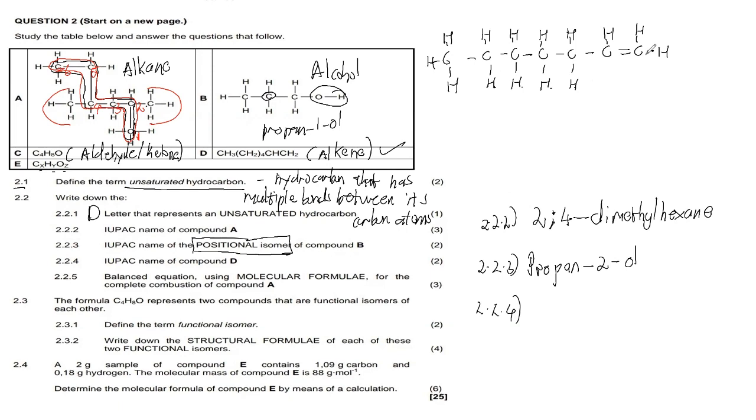So counting from here, that's 1, 2, 3, 4, 5, 6, and then 7. So this will become what? Hept. Remember, 7 is hept. So that's hept-1-ene. Hept-1-ene. So that's the name.